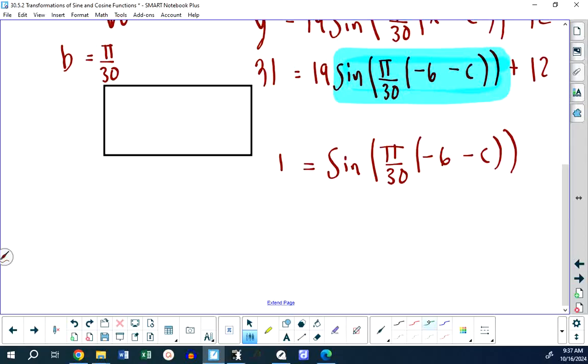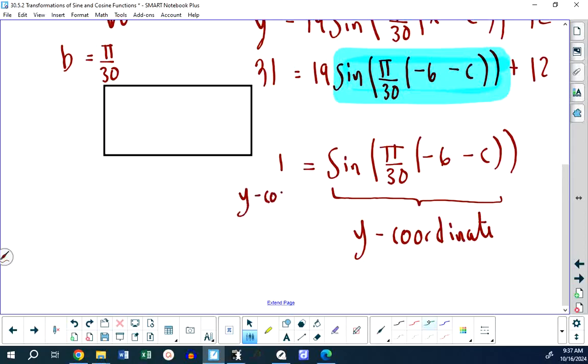So this is, on the unit circle, the y coordinate. Which means the sine of that whole thing is equal to 1.